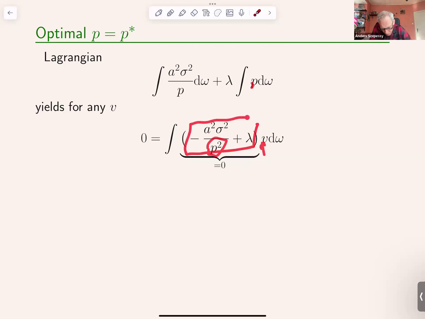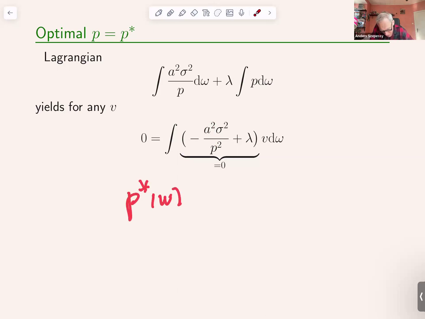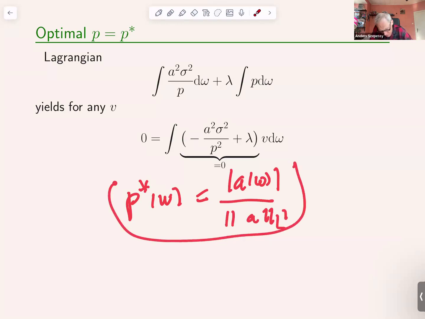So the optimum needs to satisfy that P squared is proportional to A squared, which gives the optimal P star omega is A omega divided by a L1. This is what we have here.